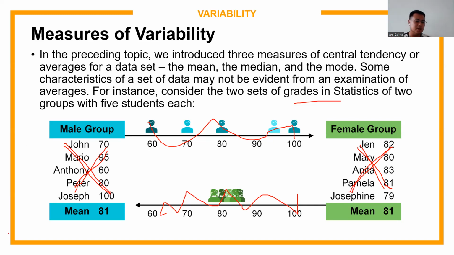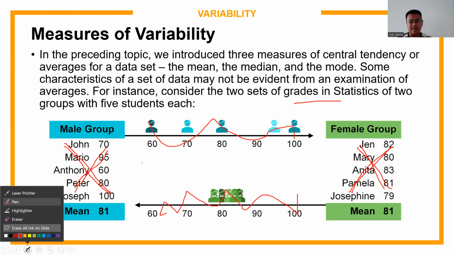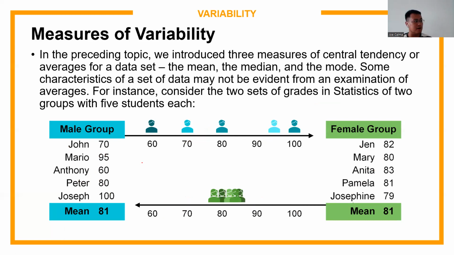But upon reviewing the actual data, kung mapapansin nyo, they are diverse. Okay? Or masyadong malaki yung variability. Diba? So mapapansin nyo sa male group, napakalayo din yung mga data. Mapapansin nyo kapag ginraph natin, layo-layo yung mga data. While the female group, lapit-lapit lang sila.